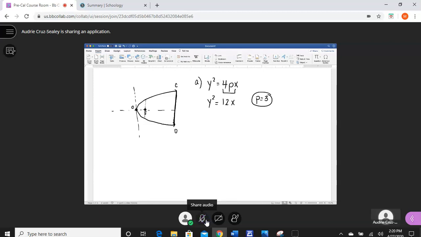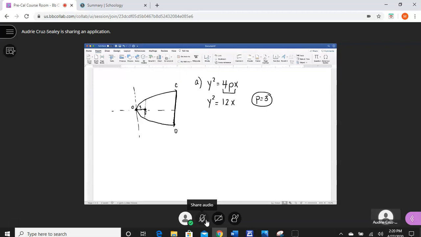So 4P is the length of your focal diameter, and they told you that the length of your focal diameter is 12. So you can just replace that 4P with 12, and you get y squared equals 12x. But it is good to know that if that's 12, then your P is 3. So I know that I'm 3 centimeters from here to here.